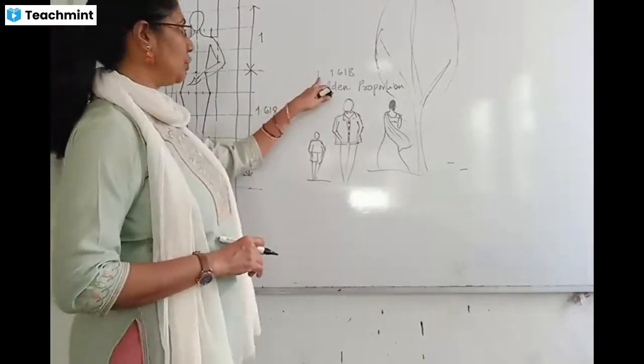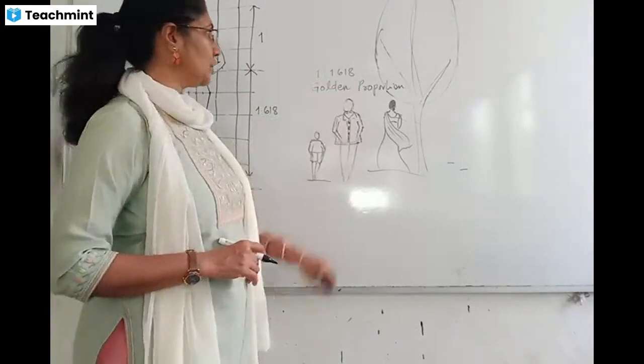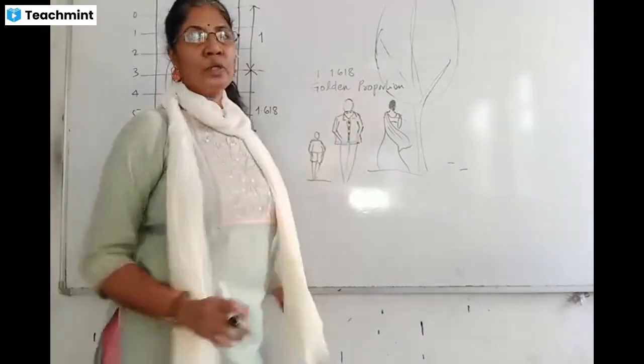So thus this ratio of 1 is to 1.618 gives us a golden proportion.